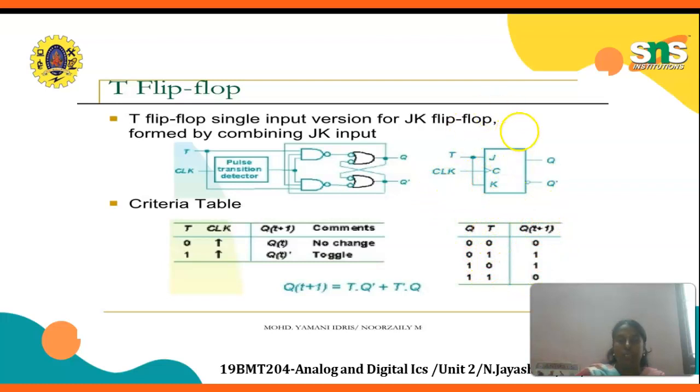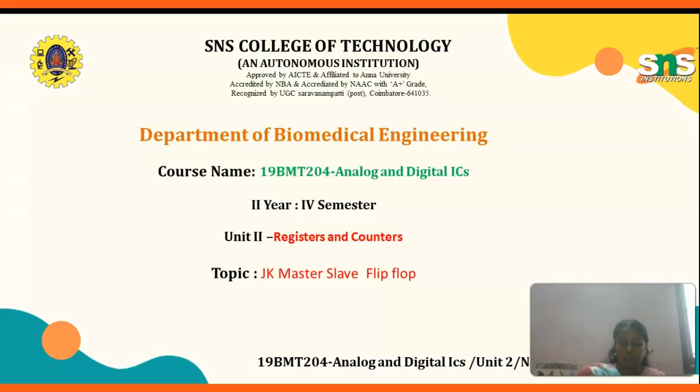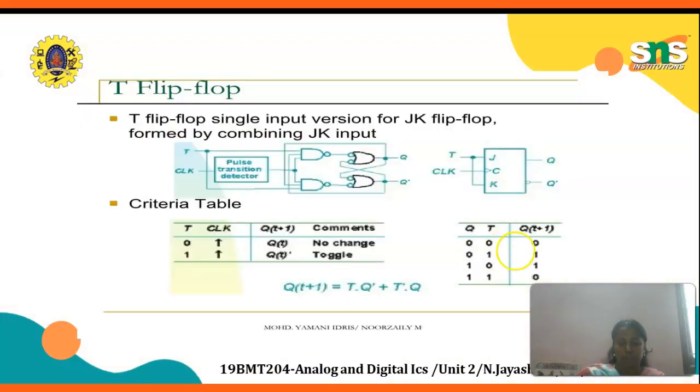So here if T equal to 0 and Q is 0, there is no change in the output, no change in the next state. If T is 1, what is the next condition? The output Q is reset to 1.